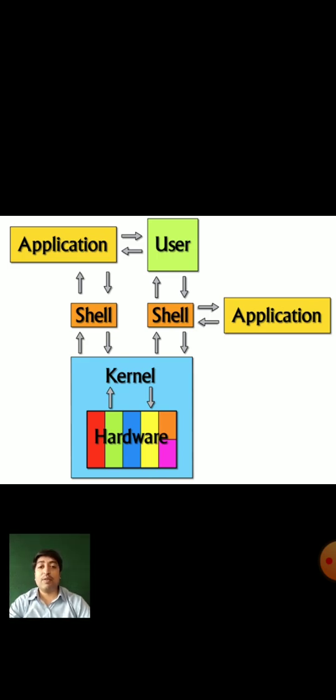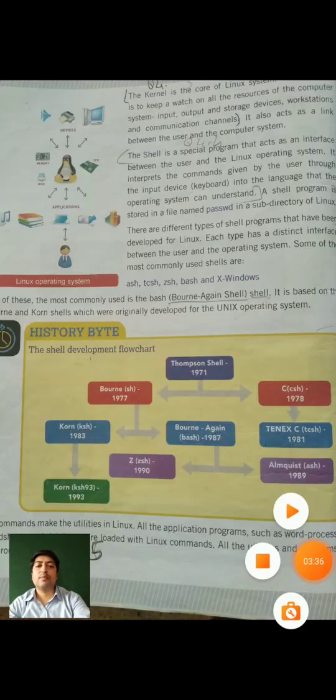The kernel can interact with the hardware. The user needs to pass through the kernel to reach the hardware. That is the kernel of the Linux system. We will discuss that.